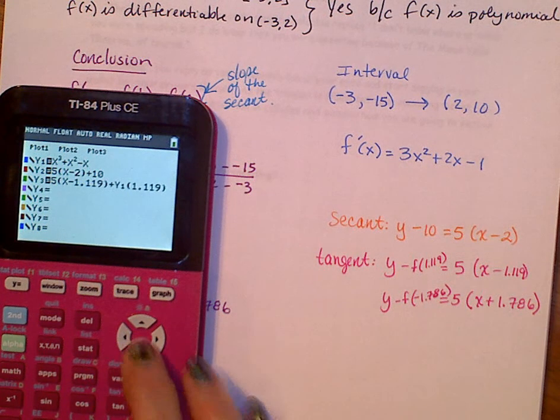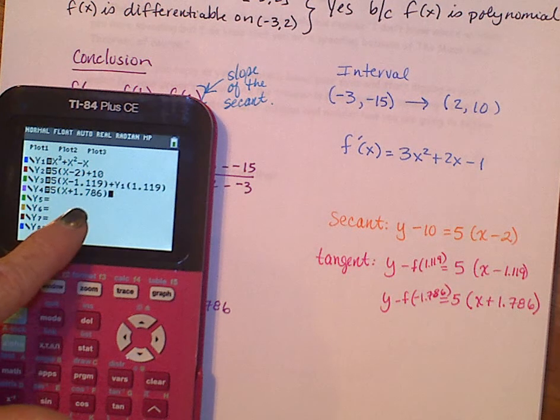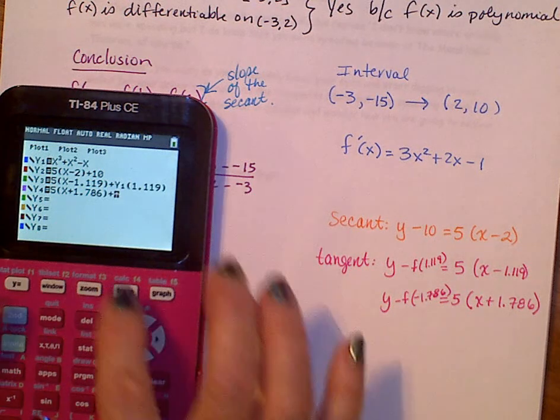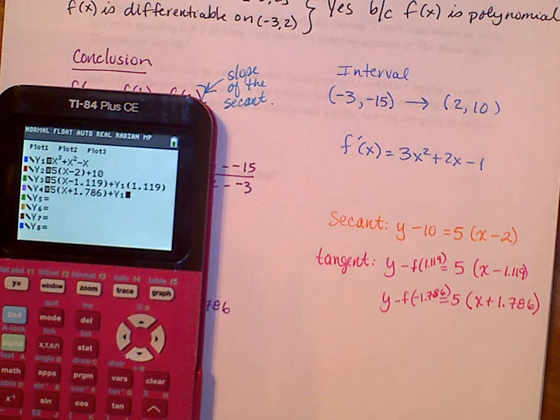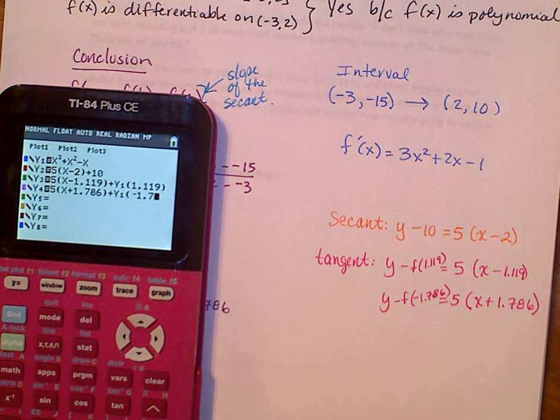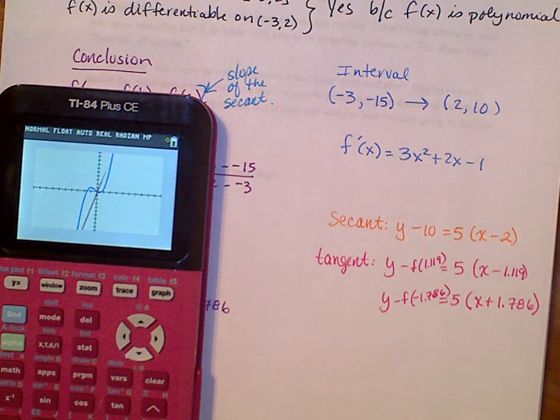And then when we do the other tangent line, same concept. 5 times the quantity x plus 1.786, and then plus y1, oops, y1 at negative 1.786. There we go. Zoom 6. That might be a little tiny. No, that's pretty good. There it is.